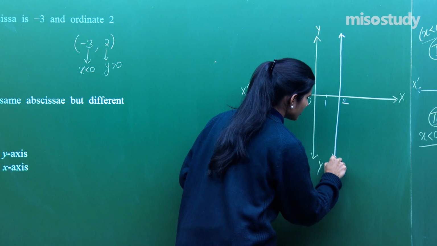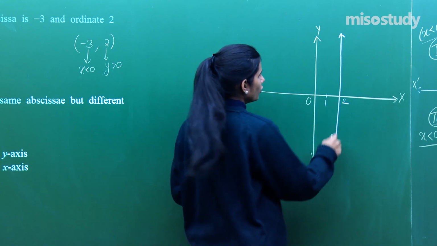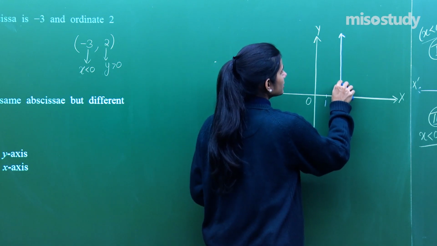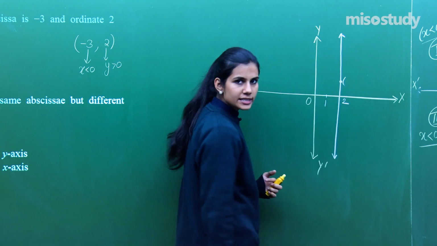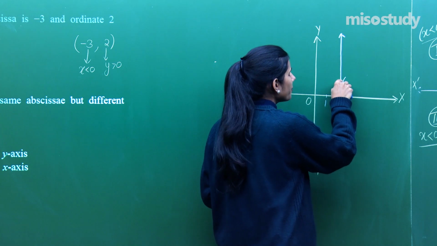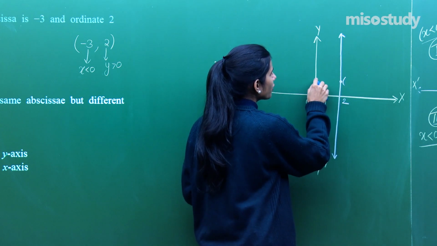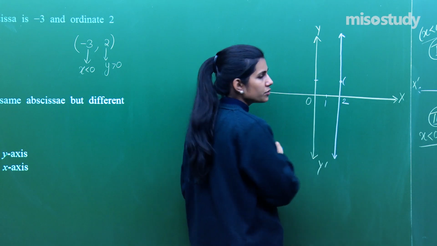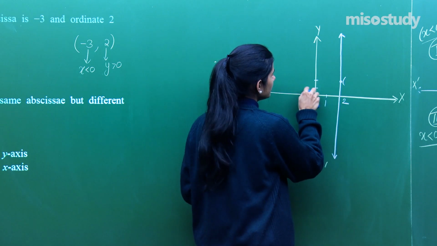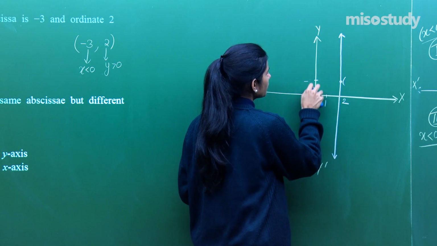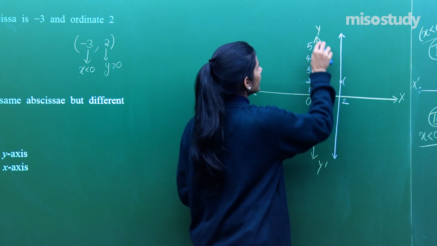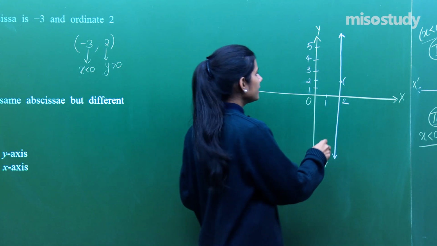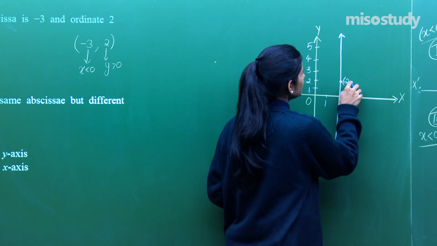What is the coordinate of this point? If I drop a perpendicular from this point onto the x-axis, and from here I drop a perpendicular onto here, say this is 1, this is 2, this is 3, this is 4, this is 5, then you can clearly say that this point is going to be 2, 2.